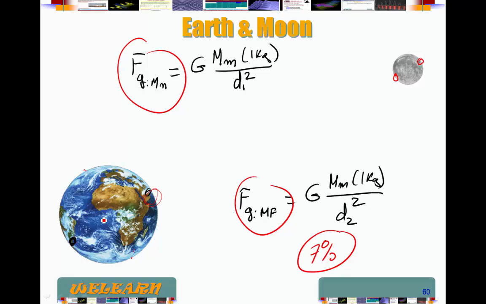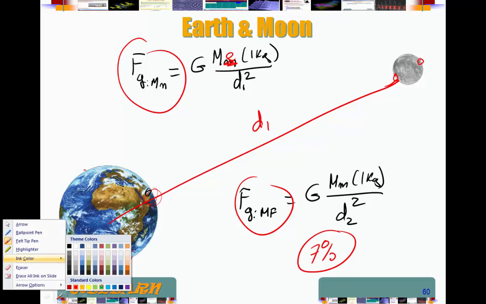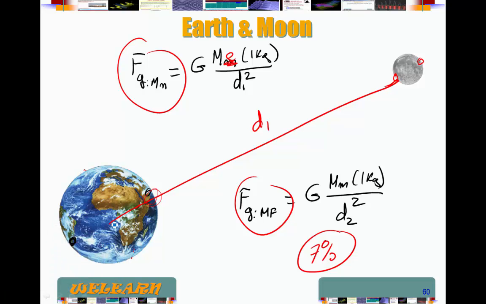The nearby Moon surface, this is going to be d1, and my equation is going to be the same, except here it's going to be the mass of the Earth, and of course the appropriate d1. Now, for the other one, this is my d2. And then, of course, this is Earth.